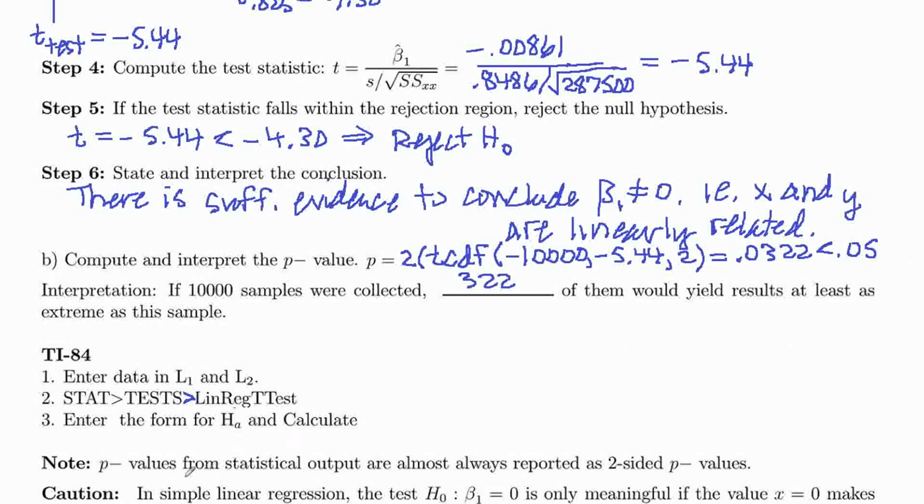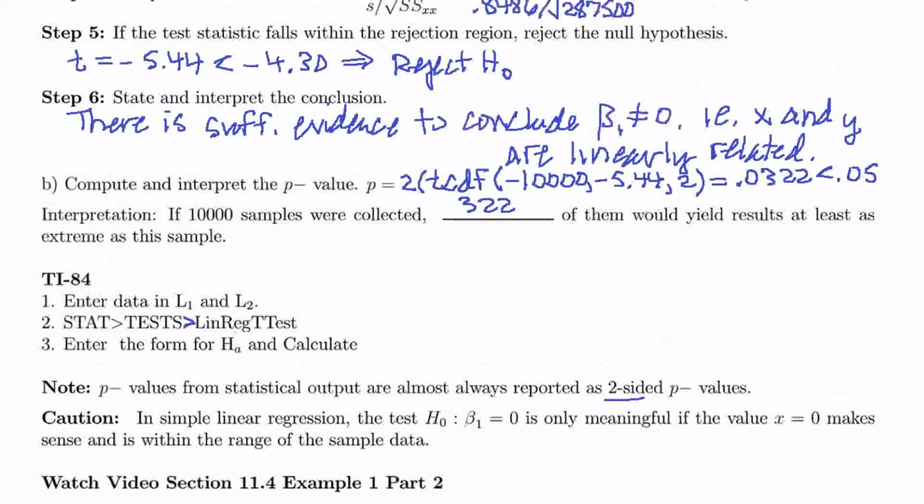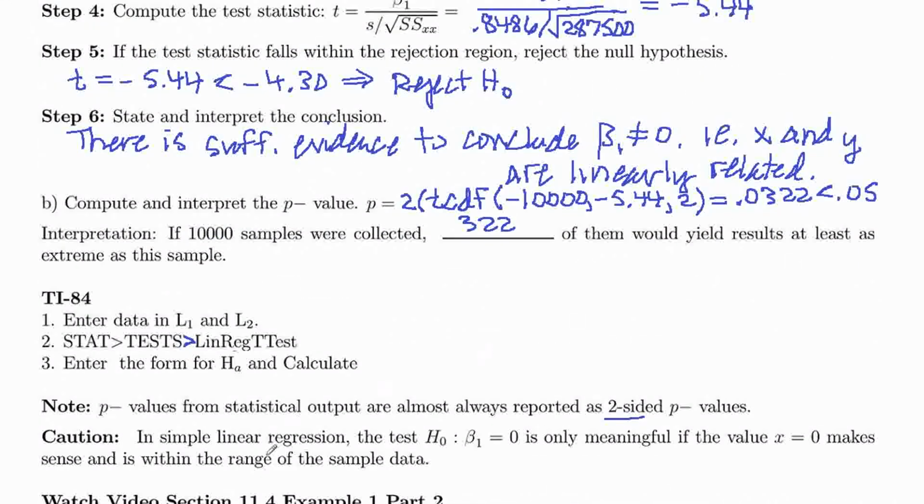Now note that p-values from statistical output are almost always reported as two-sided p-values. So if we were to do this test in Jamovi, it would most likely report a two-sided p-value to us.